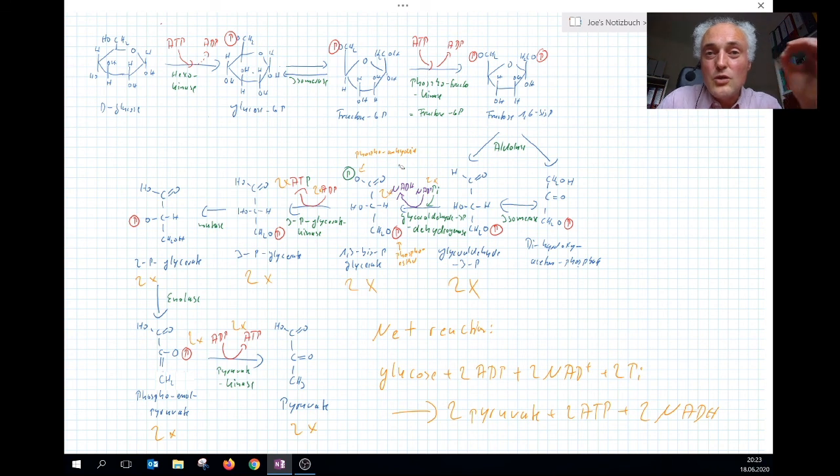Of course you know that the next step, if somebody asks you, now I have a transfer of the phosphate to ADP, this can only come from the C1 position because this is a phosphoanhydride bond. You know that. Therefore, you don't need to learn by heart these other molecules here because you can deduce that.